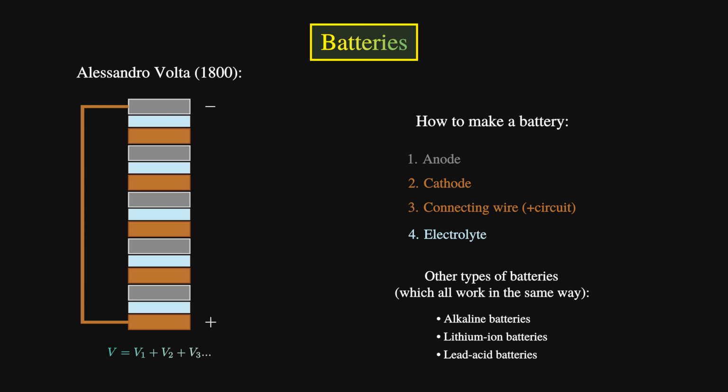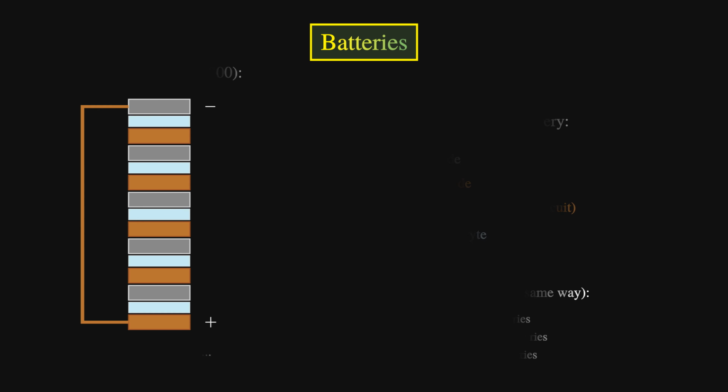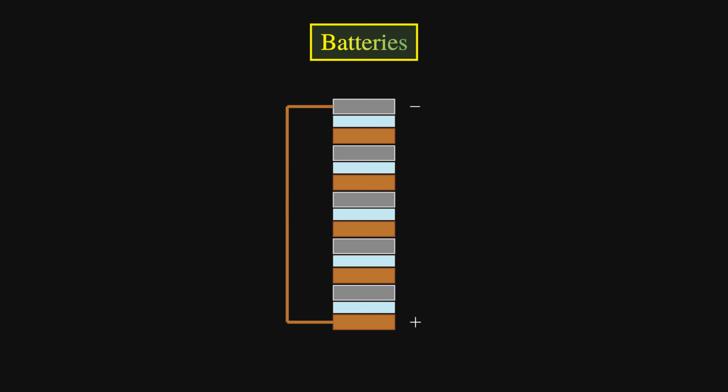To stop charge buildup at the electrodes, we use an electrolyte, consisting of positive and negative ions that can move around to balance the charges. As a result, we can maintain a potential difference across the wire, such that electrons can flow through it at a constant rate. Now, to build a useful electronic device, we simply put things along our wire for the electrons to pass through.